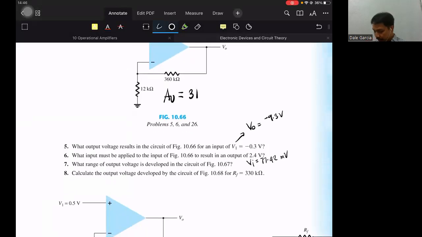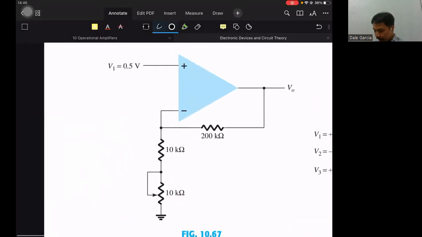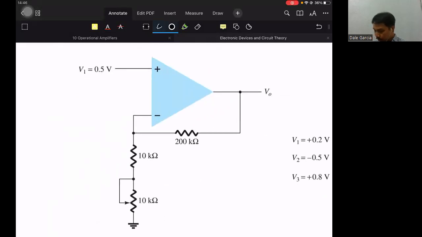Video 10.67. This one. Same as earlier. So this is our variable resistor. Its value is 0 to 10K. Meaning, our voltage gain is from what to what?